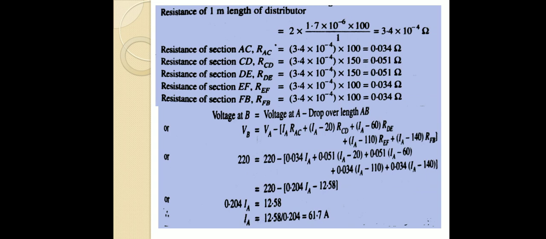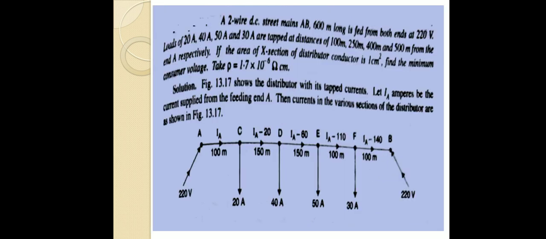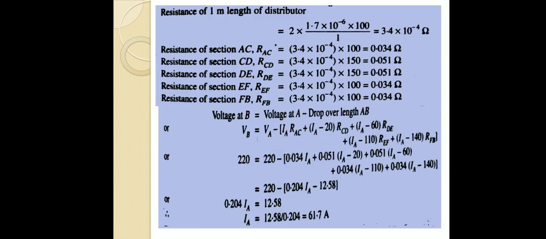So voltage at point B is equal to voltage at point A minus the drop over the length AB. We need to calculate all the drops over the length AB. The voltage at point B is 220 volts and the voltage at point A is 220 volts.